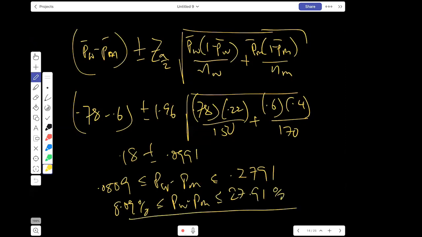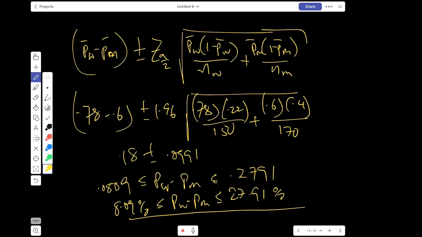So what is that telling us? We are 95% confident that the difference between women and men who trust Pinterest lies somewhere between 8% and 28%. That's a huge interval, but that's where it lies.